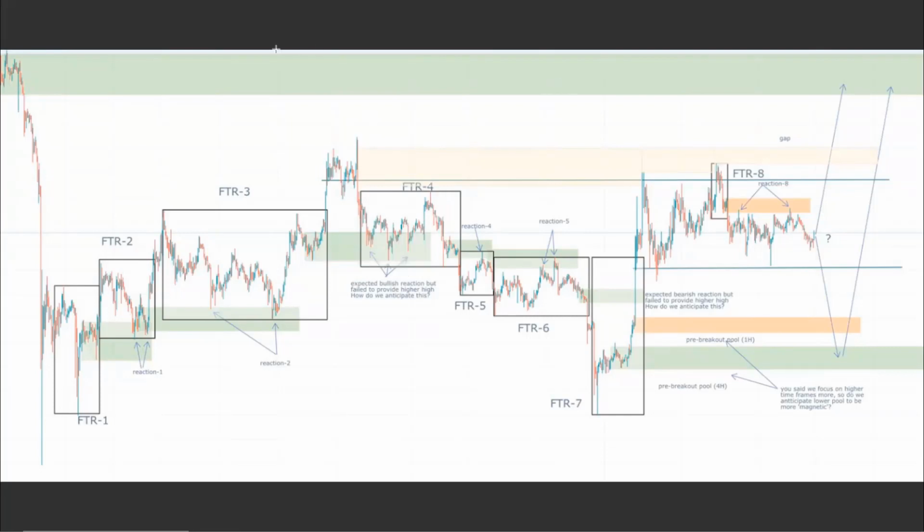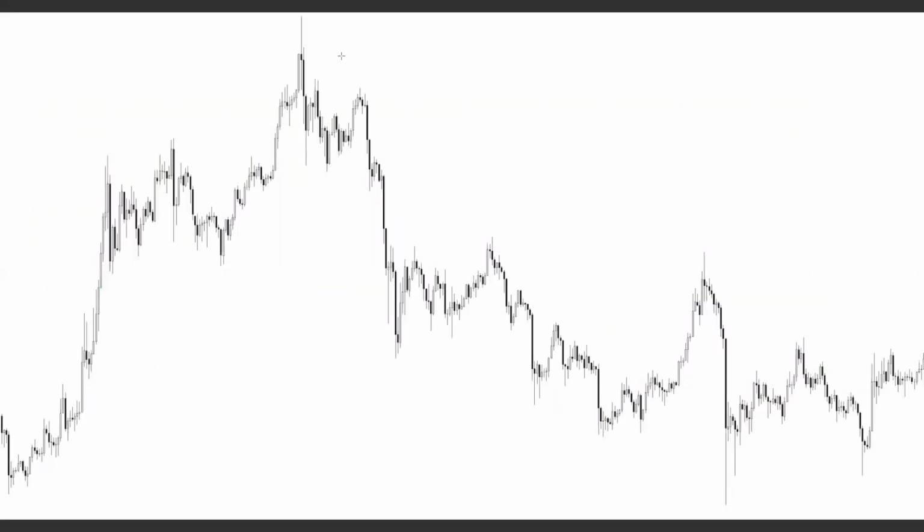One other thing to note is the high time frame structure here. As I mentioned, I'll come into this in more detail in the webinar and scale next week. But see how price is trending down on the high time frames, right?